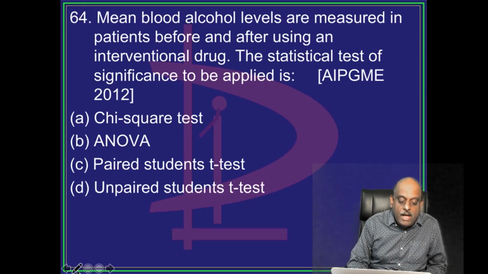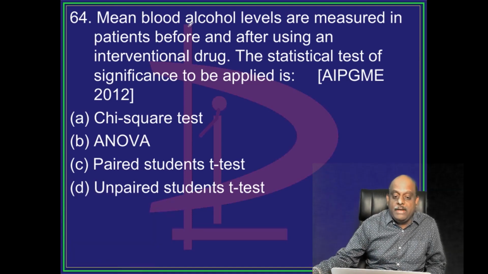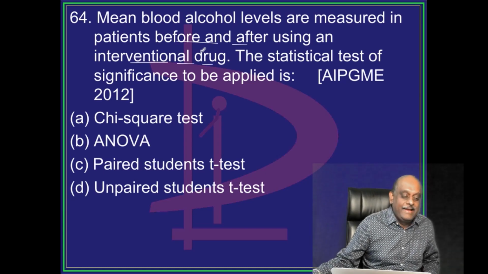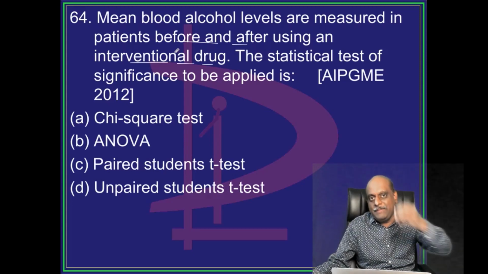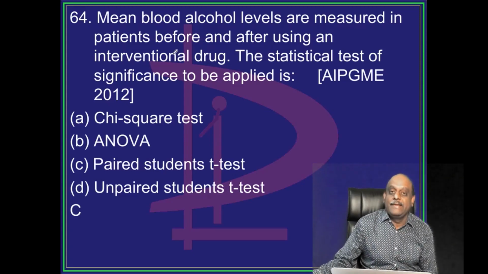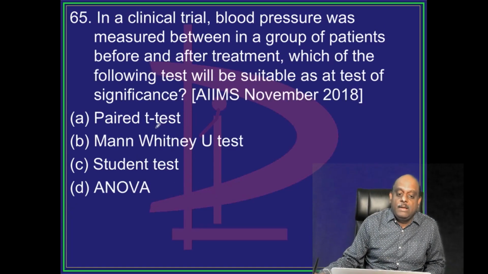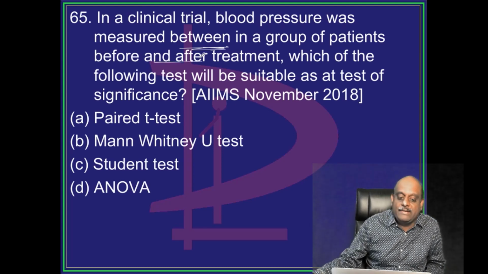The mean blood alcohol level is being measured before and after using a drug. देखा कितनी बार ये क्वेश्चन examiner paired के जैसे पूछते हैं, वो है paired student t-test. Blood pressure is measured between the groups before and after the treatment.